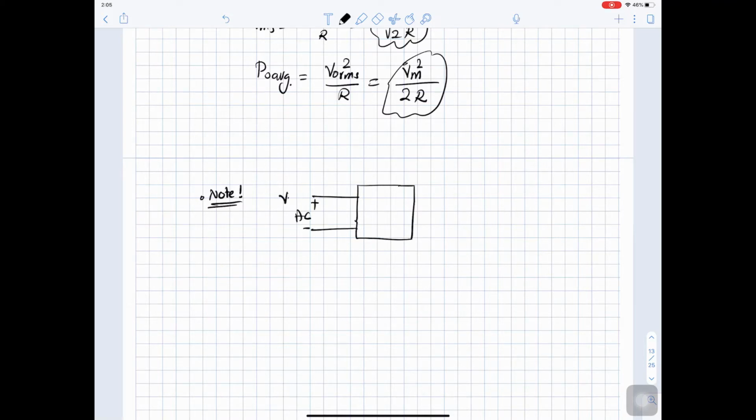At the source you know what your VRMS is and you know your I source, which means you know I source RMS. And here you have a pure resistive load, and here you have your bridge, and this is how we sketch the bridge. So this is a full wave bridge.